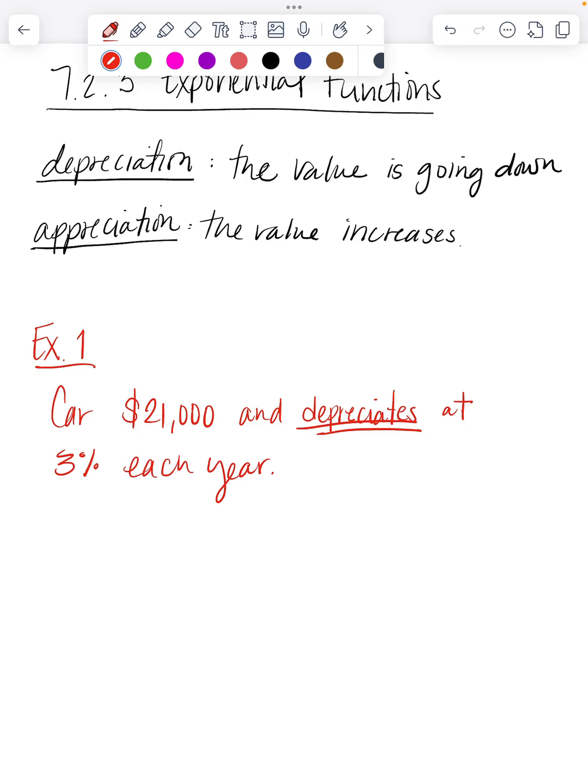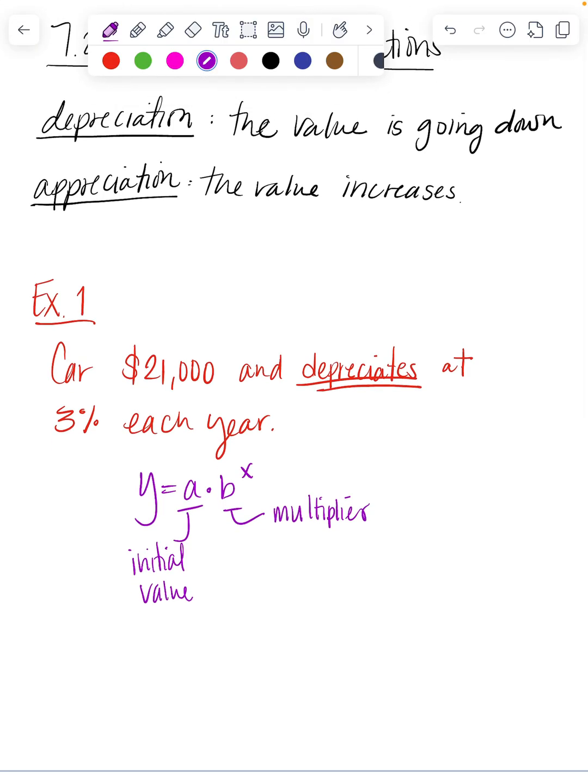If I want to come up with my equation, remember our exponential equation is y equals a times b to the power of x, where a is the initial value and b is our multiplier. In this situation, our initial value is 21,000 because that's what we started with. So I can say that a is $21,000.